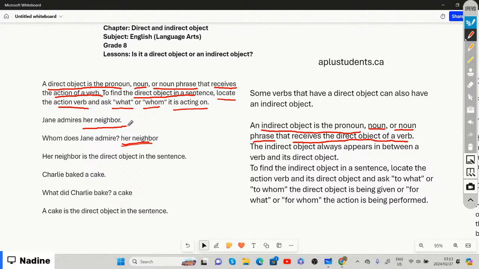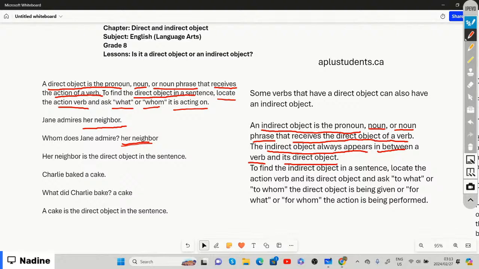So an indirect object always appears in between a verb as well as its direct object.